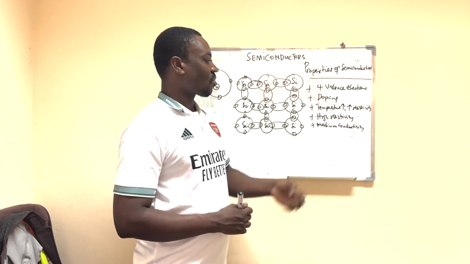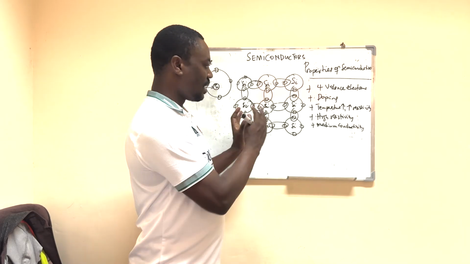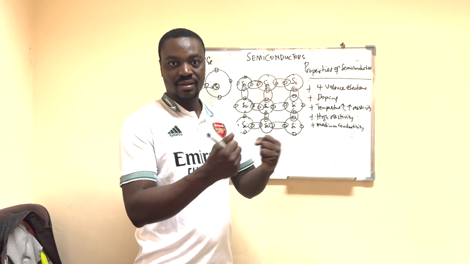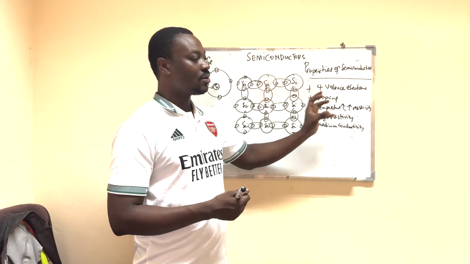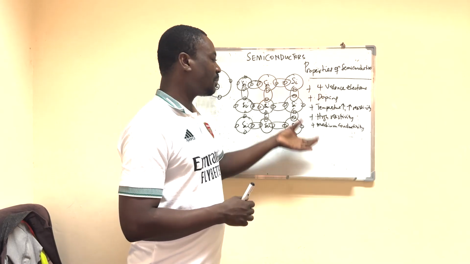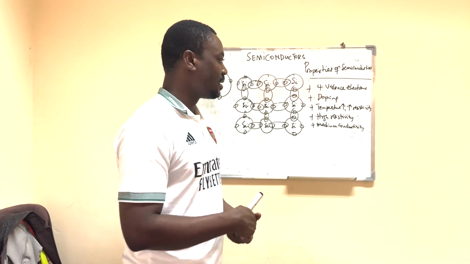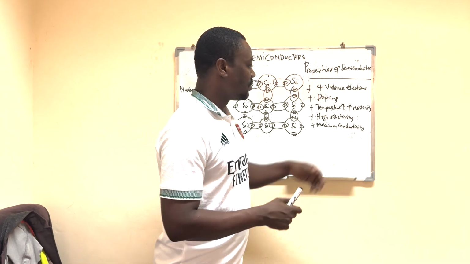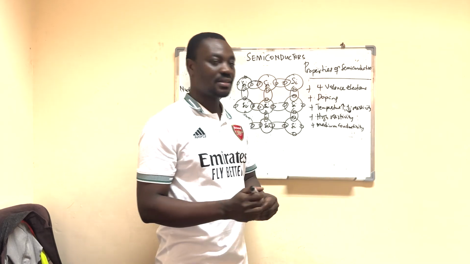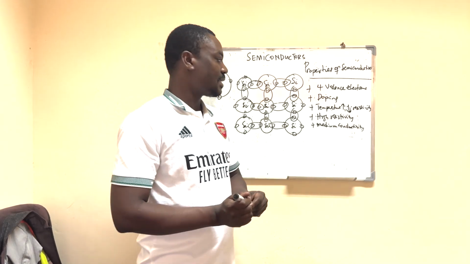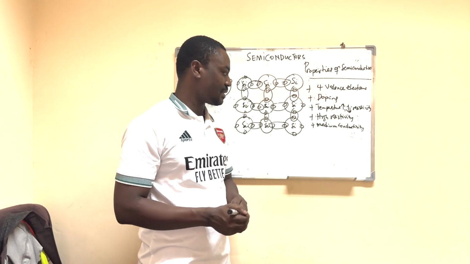Looking at the structure again, remember that a covalent bond is holding these silicon atoms together. In order to break through this covalent bond, you can also increase the temperature. Increasing the temperature will reduce the resistivity of the semiconductor.